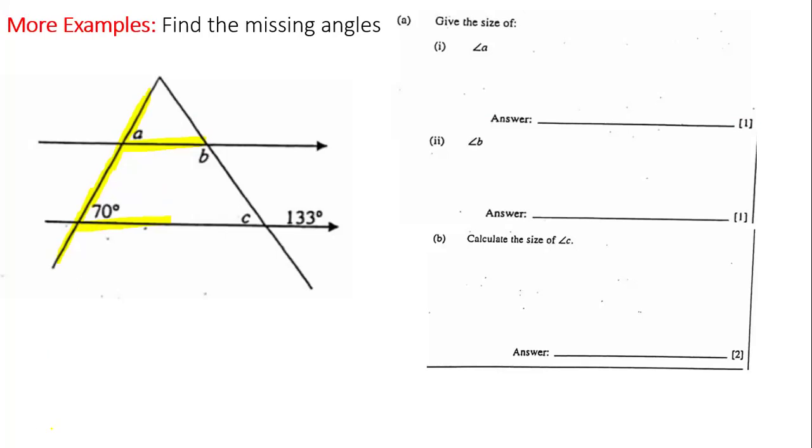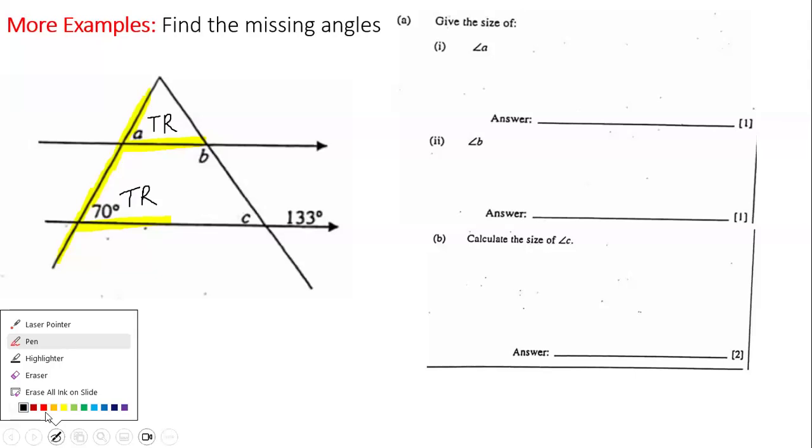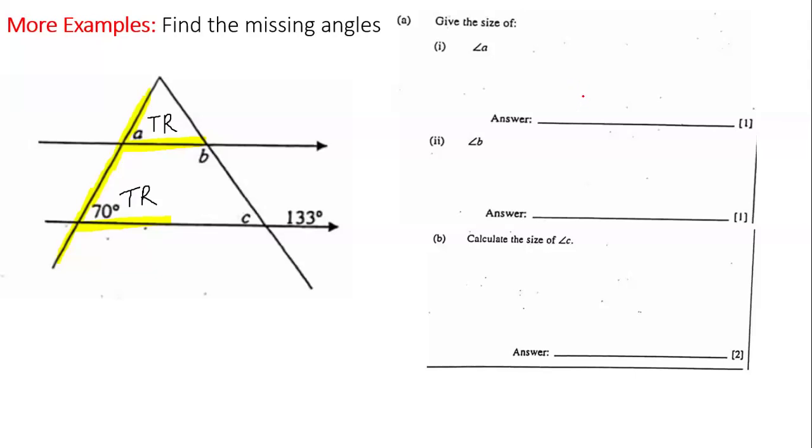So this is going to be top right, and then this is top right, still top because it's above this line. So that means they are equal because corresponding angles are equal. So A must also be what? 70 degrees.